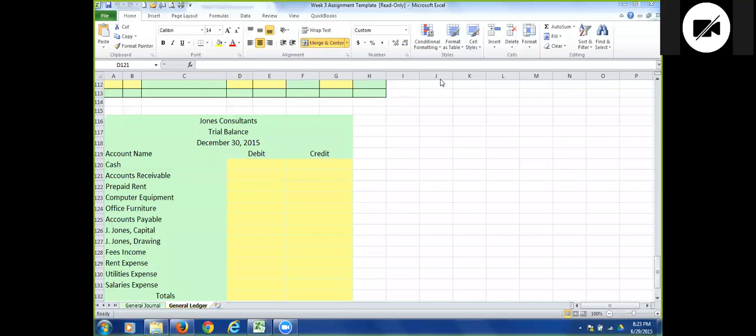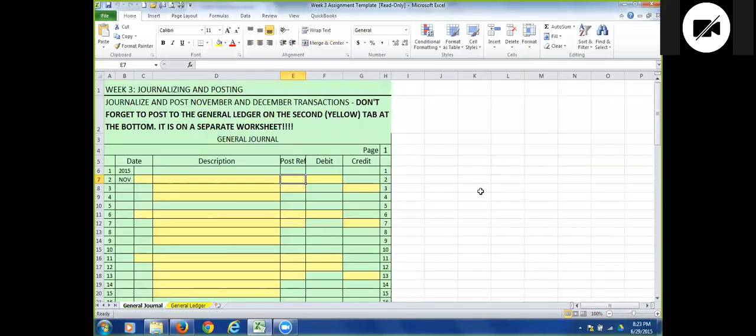That's where it all goes back to knowing your normal debit and credit balances. Remember from last week, you have assets, expenses, drawing, and over here you have liabilities, revenue, and capital.